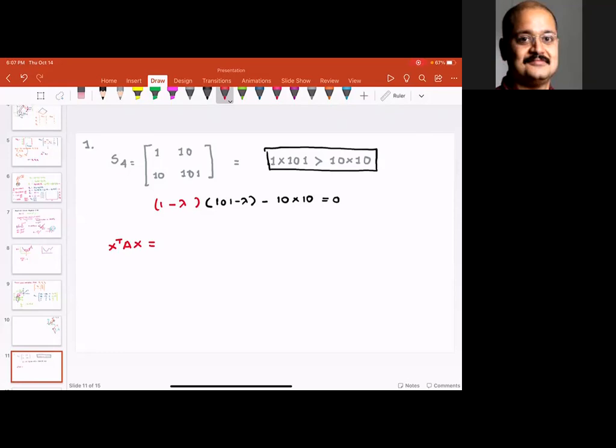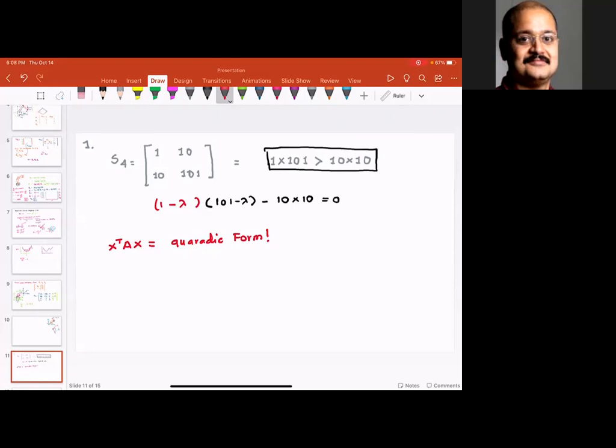This is called the quadratic form. And when the quadratic form is positive for all possible values of x, that matrix is positive.